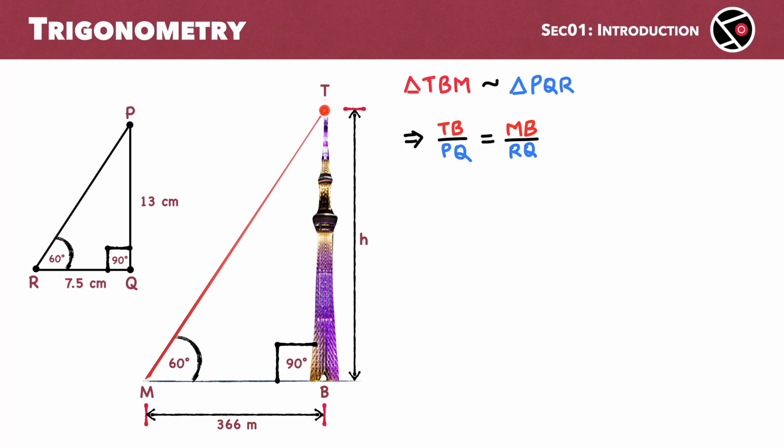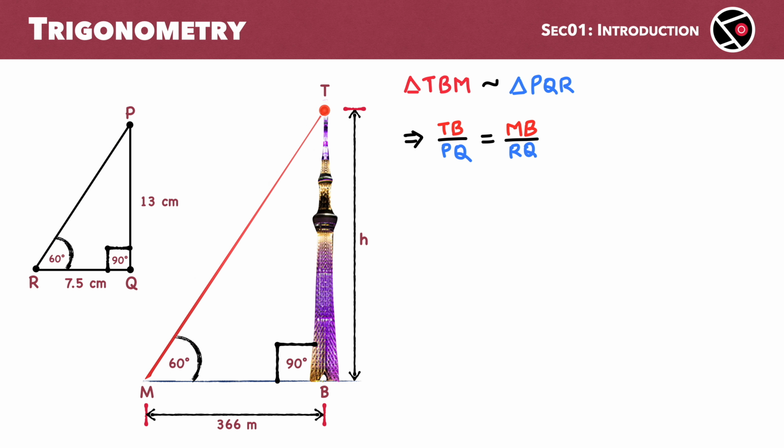In this case, side TB in triangle TBM corresponds to side PQ in triangle PQR because they both are opposite to the 60-degree angle. Similarly, side TM corresponds to side PR since they are opposite to the 90-degree angle.